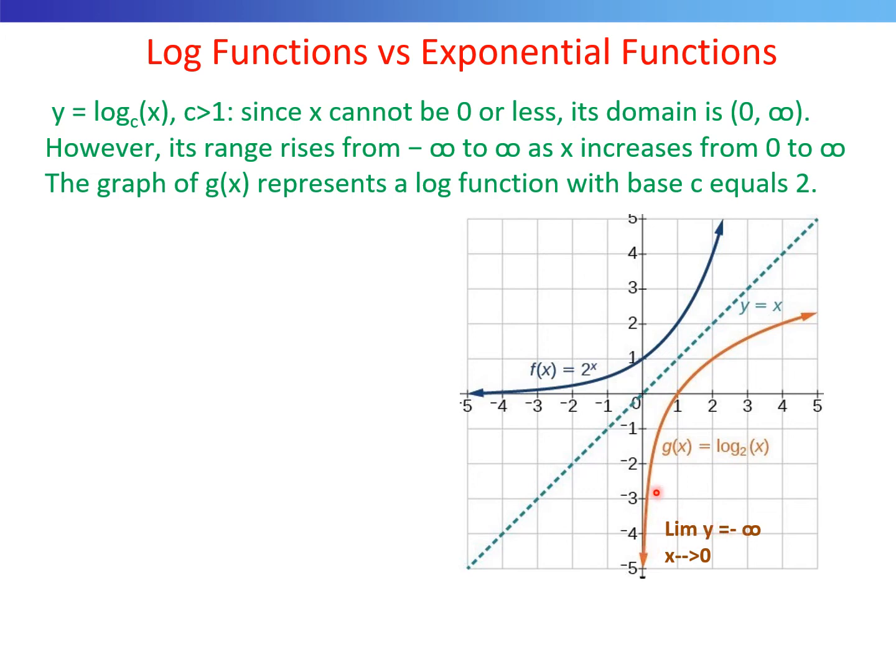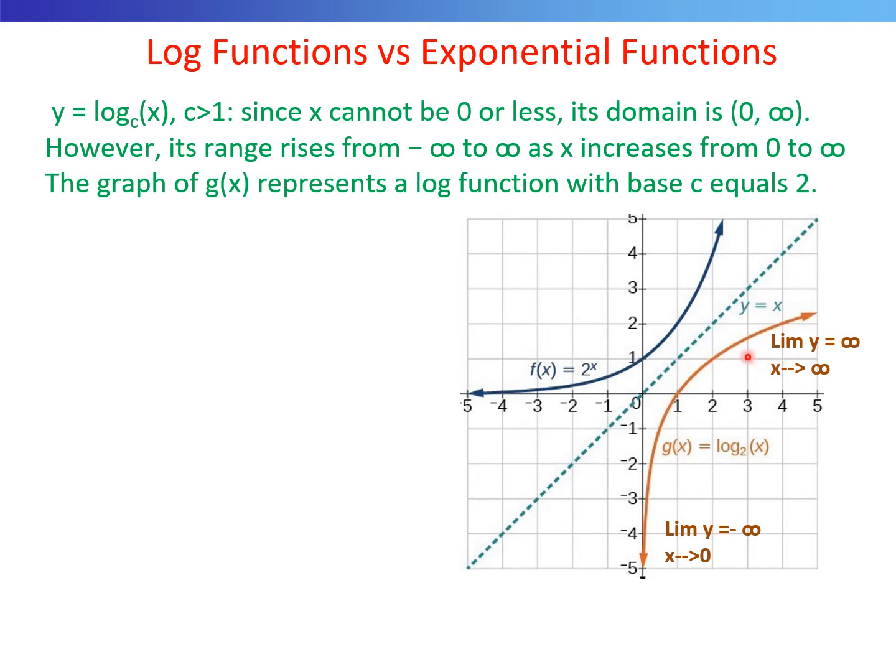Now let's take a look at what happens if we reverse our direction. If we go upwards, while x increases, y increases. If x heads towards infinity, y will also head towards infinity. So that's why the limit of y as x heads towards infinity is equal to infinity.